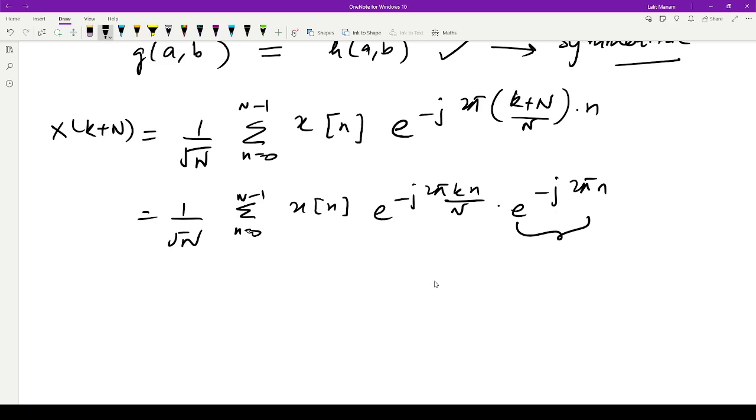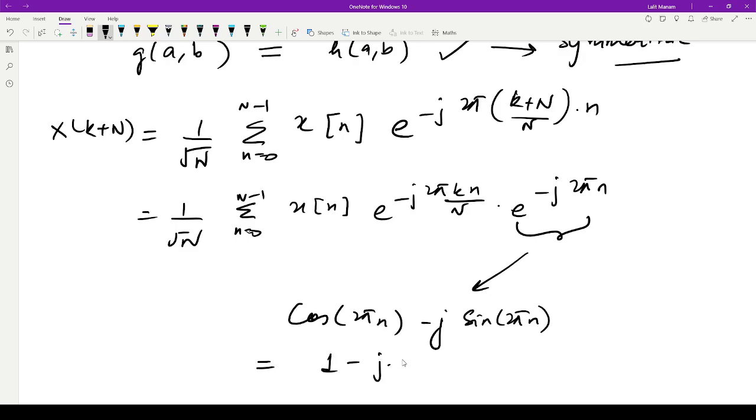One. How did you say that? You can expand it into cos 2πn plus or minus j sine 2πn. It will be minus, because we have minus there. What is cos 2πn? It's always 1.